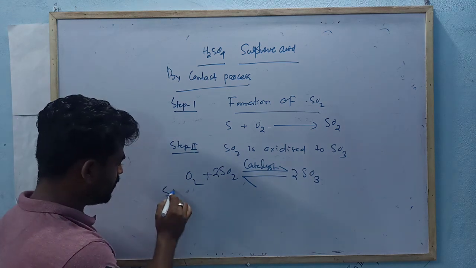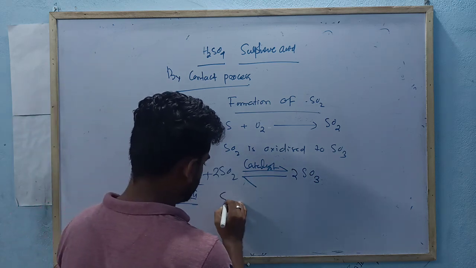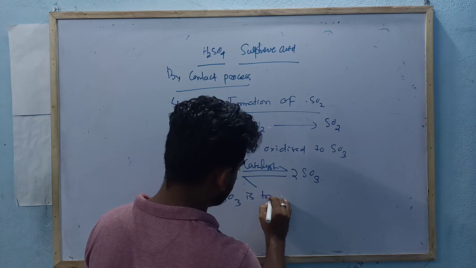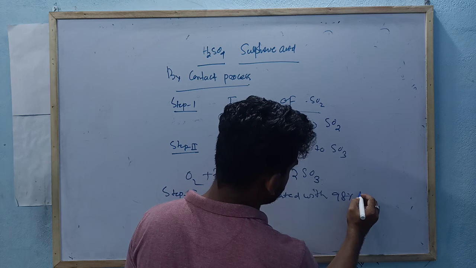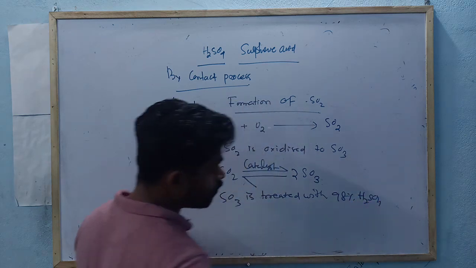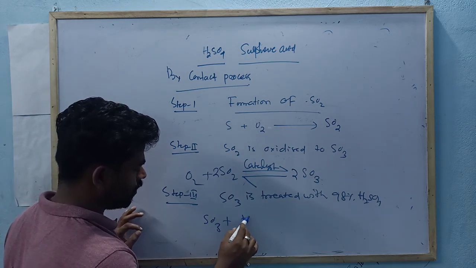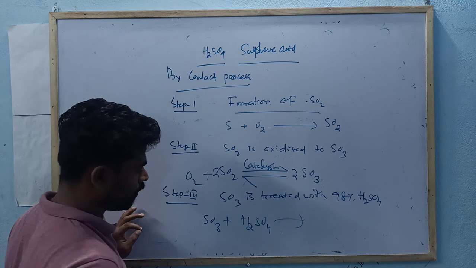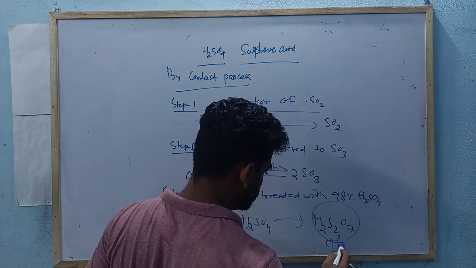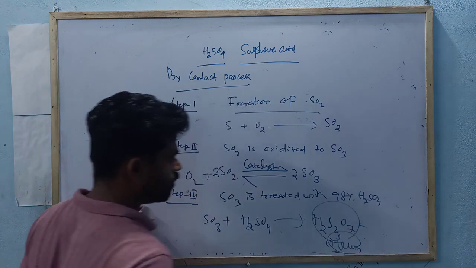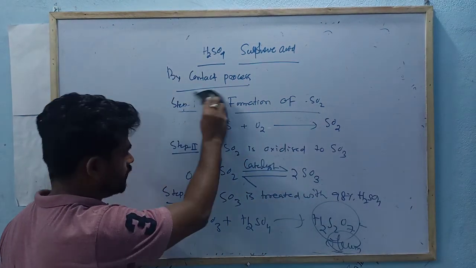Step 3: sulfur trioxide, SO3, is treated with 98% concentrated H2SO4. SO3 on treatment with H2SO4 forms H2S2O7. This is called oleum.